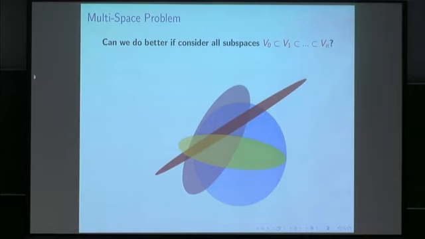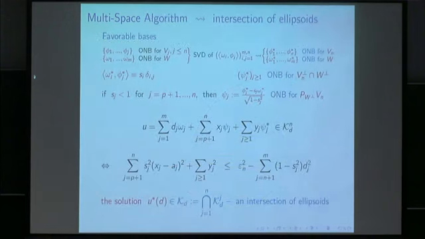In fact, we have several ellipsoids, which graphically I represent like that, and we know that our solution is inside of each ellipsoid. So if we consider the intersection of all ellipsoids, of course we have a better determination of what the solution is, and we want to design actually an algorithm which does that.